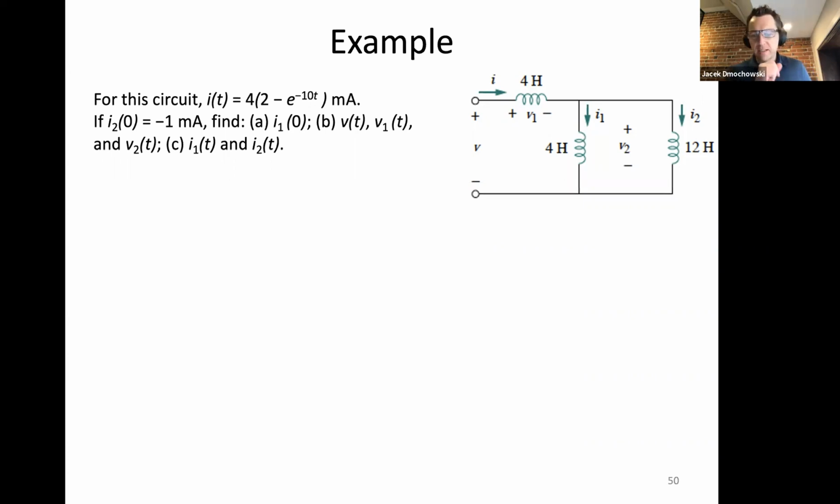So remember what I said, KCL holds at all time. KVL holds at all time. And so let's focus on KCL at this node where my cursor is at time 0. I want to write the KCL equation at this node at time 0. Yes, exactly.